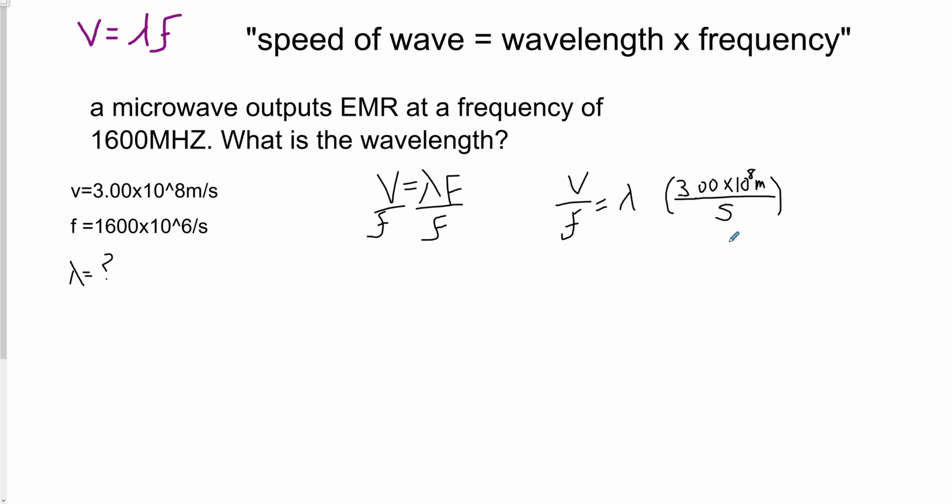Now I'm going to divide by this number. And here, there's going to be something a little bit strange about this, but it's going to make sense. I have 1600 times 10 to the 6. I'm going to write that down here. 1600 times 10 to the 6.